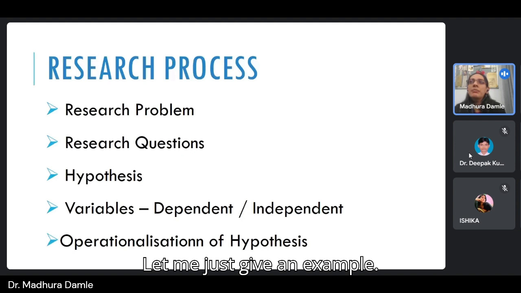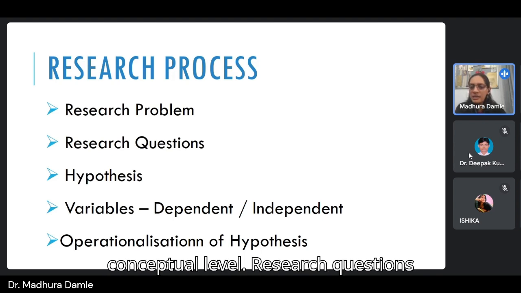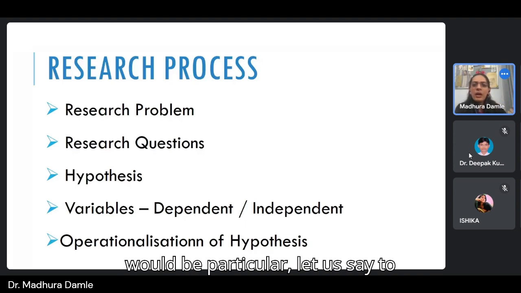Let me just give an example. Let's say the research problem is explaining the emergence of caste in politics of West Bengal. This is more at a conceptual level. Research questions would be particular.